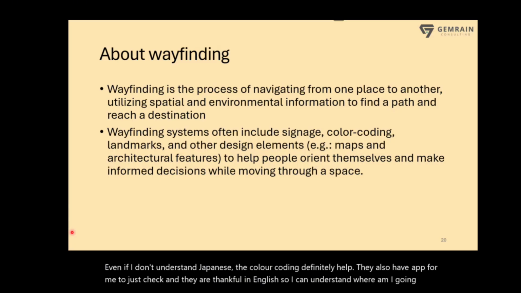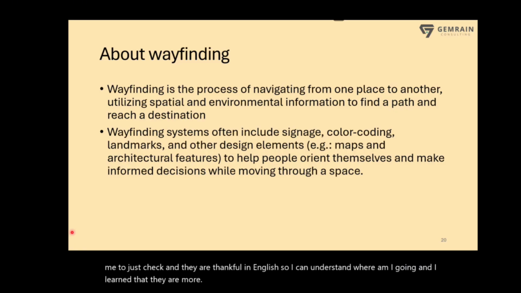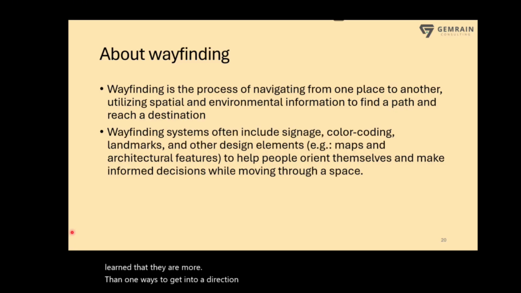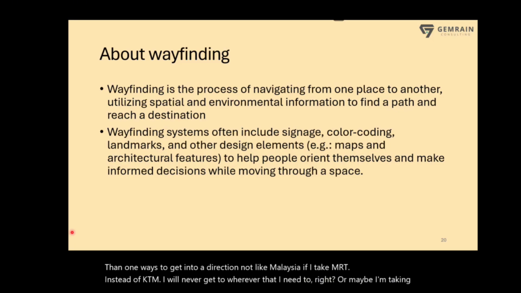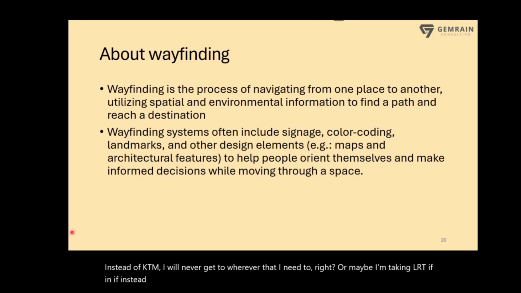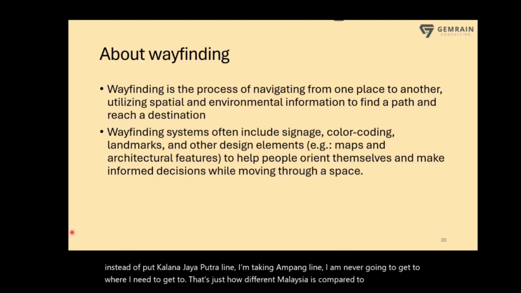And I learned that there is more than one way to get in a direction, not like Malaysia. If I take MRT instead of KTM, I will never get to wherever I need to, right? Or maybe I'm taking LRT. If instead of the Kelana Jaya Putra line, I'm taking the Ampang line, I am never going to get to where I need to get to. That's just how different Malaysia is compared to Japan, right?